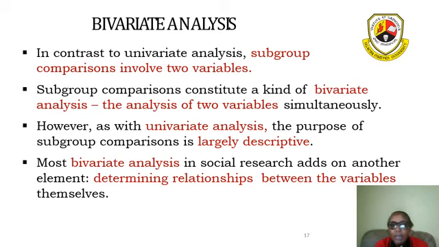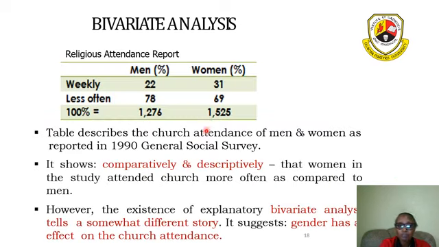Let's look at how we may handle bivariate analysis in contrast to a univariate analysis. In a bivariate analysis, this is where we may decide to create subgroups. Here we are trying to determine the relationship between variables.